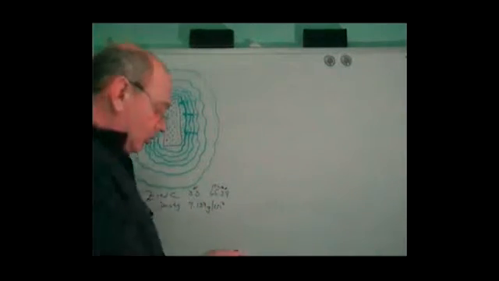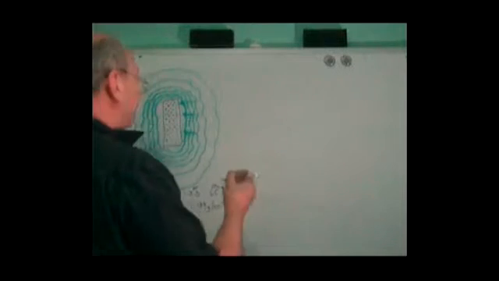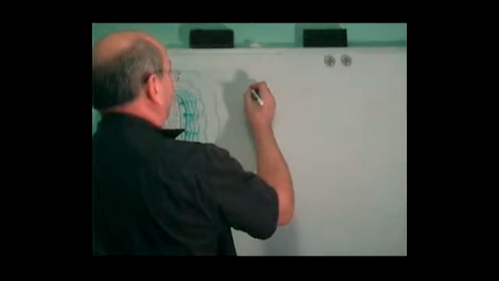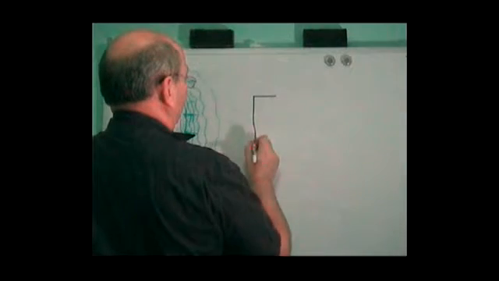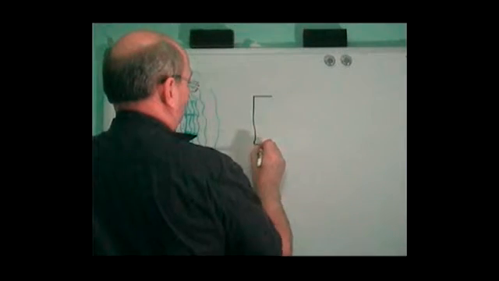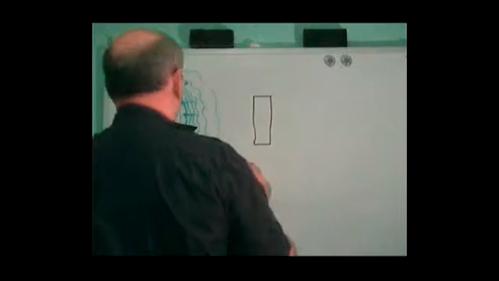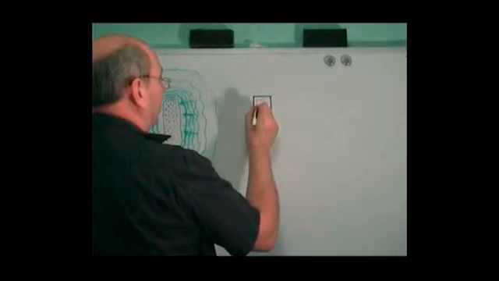Okay, so the next one we're going to draw here is copper. We usually use copper wire. Make this thinner so it's in the box.